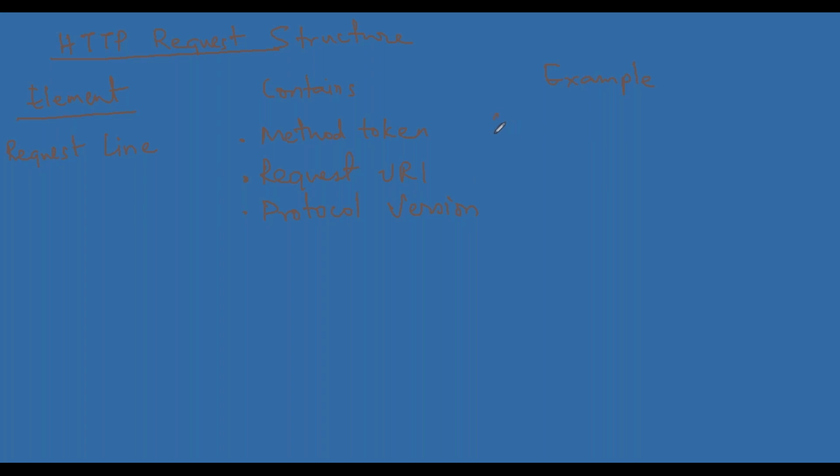So for example, in the packet you will get the GET method, /admin.php?category=orders, and after this you'll find HTTP protocol 1.1. This is the first line, which is called the request line.